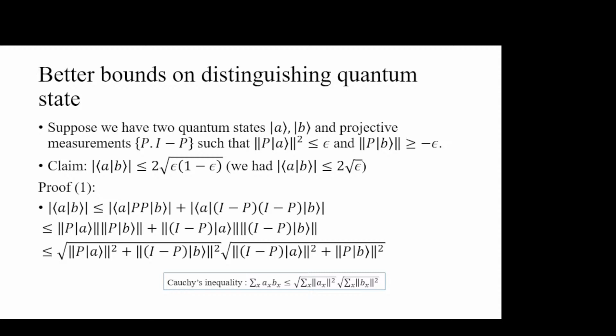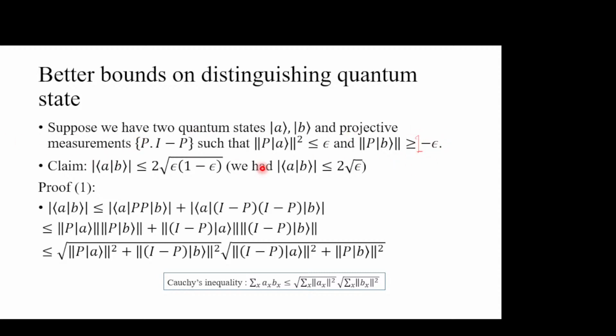Sorry, a small typo here. These two-outcome projective measurements distinguish those two states pretty nicely, such that if you put state A into the measurement, then the success probability is less than epsilon, and if you put state B in, then the probability is greater or equal to 1 minus epsilon.